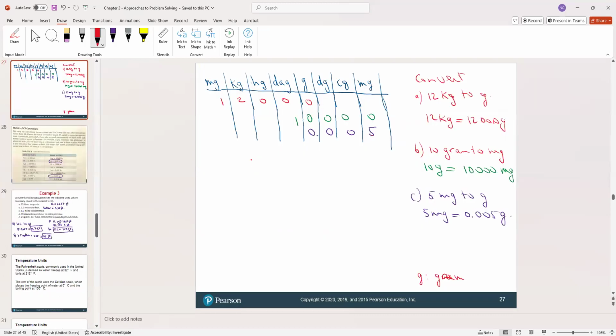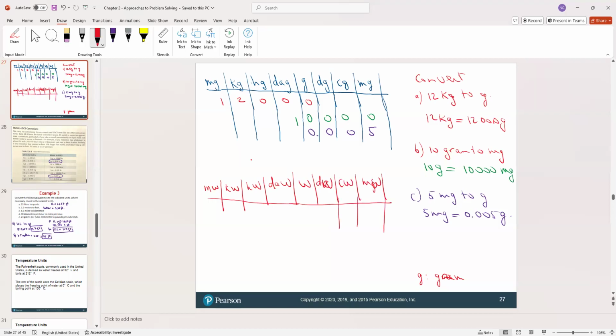I put kilo, hecto, deca, watt, deci, centi, and milli.